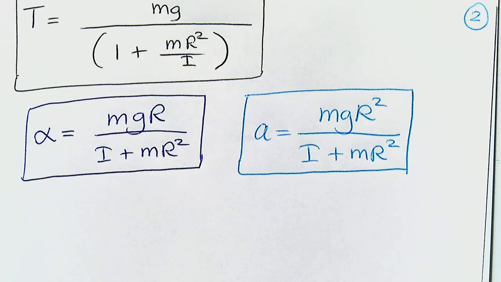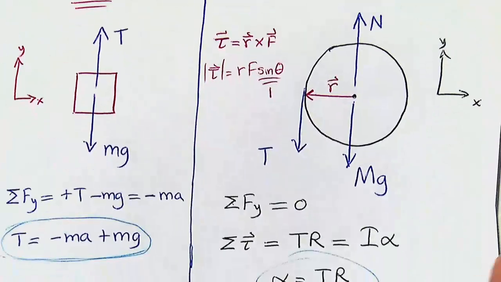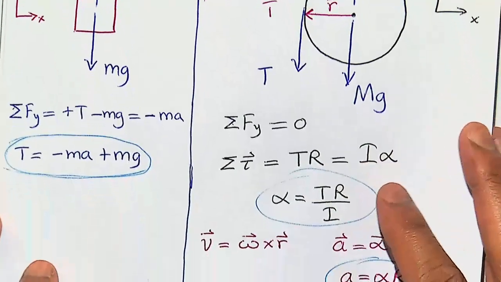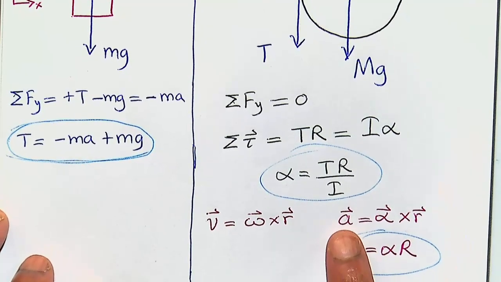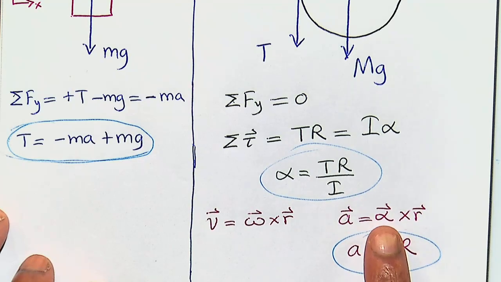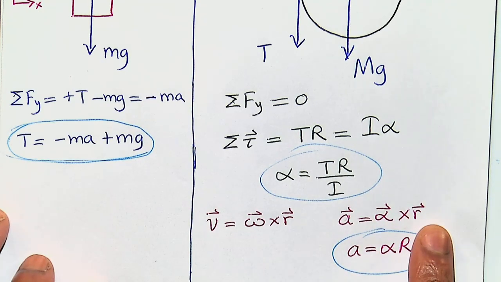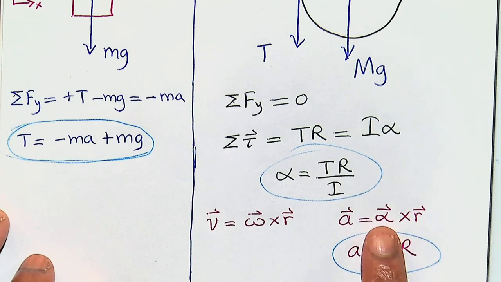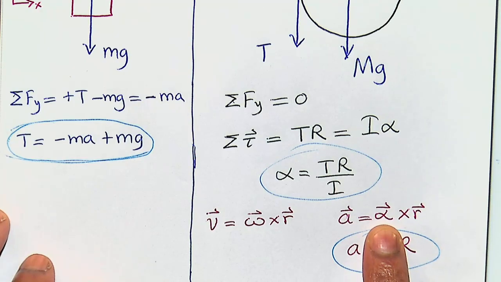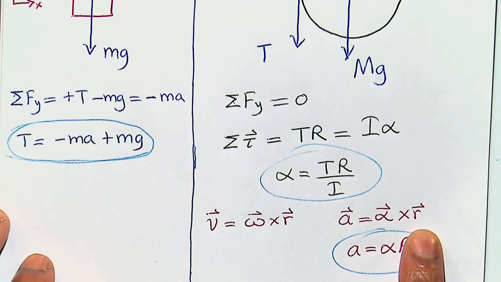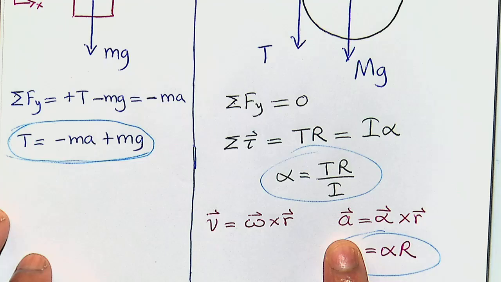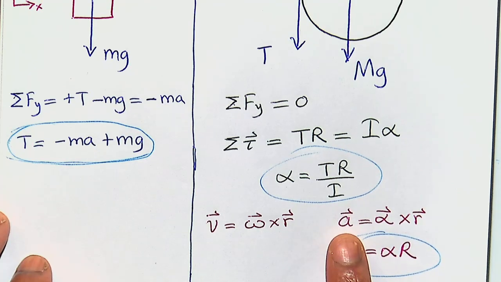Just like tangential velocity, tangential acceleration or linear acceleration is alpha cross r. The direction of angular acceleration crossed with r gives you the tangential acceleration.